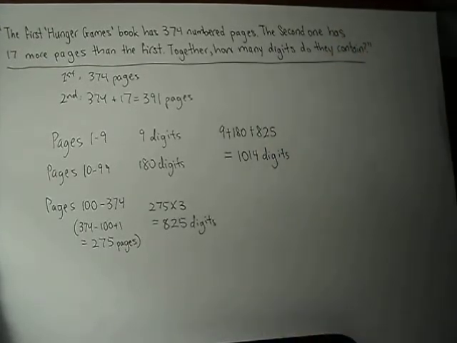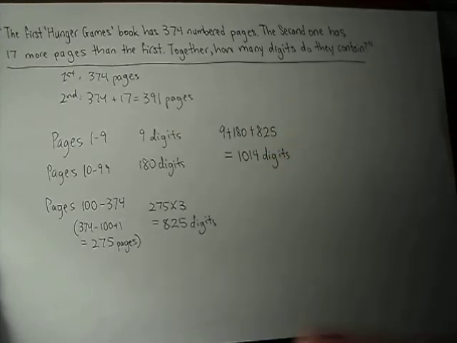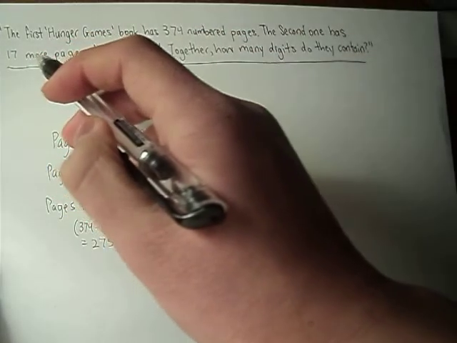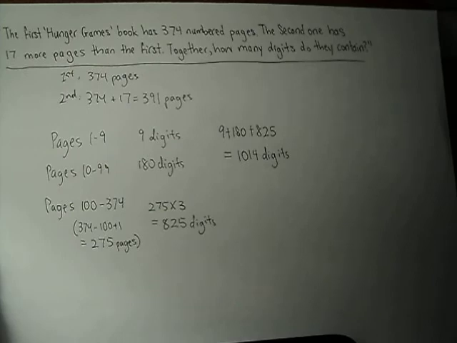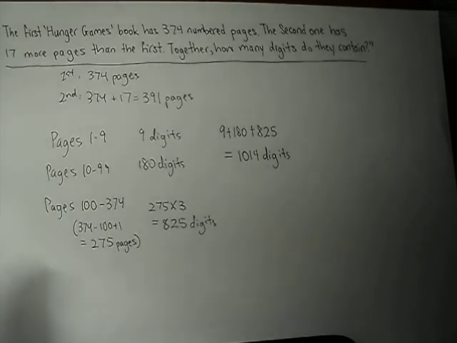Now 1,014 digits is for the first book. The second book has 17 more pages. And we know that these 17 more pages are all 3-digit numbers, because you can only add page numbers onto the back of a book, and you'd be increasing these numbers.